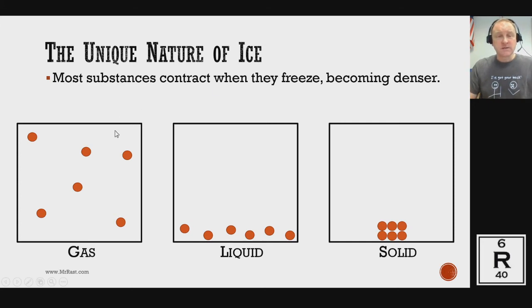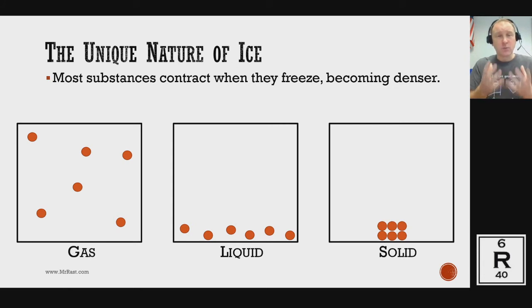Most substances, as they lose energy, occupy less and less space, or become more and more dense. So a gas will occupy a lot of space because gases are mostly empty space between the molecules. Liquids are much denser than gases because they occupy less space. And most things, when they become solid, become even more dense than a liquid.